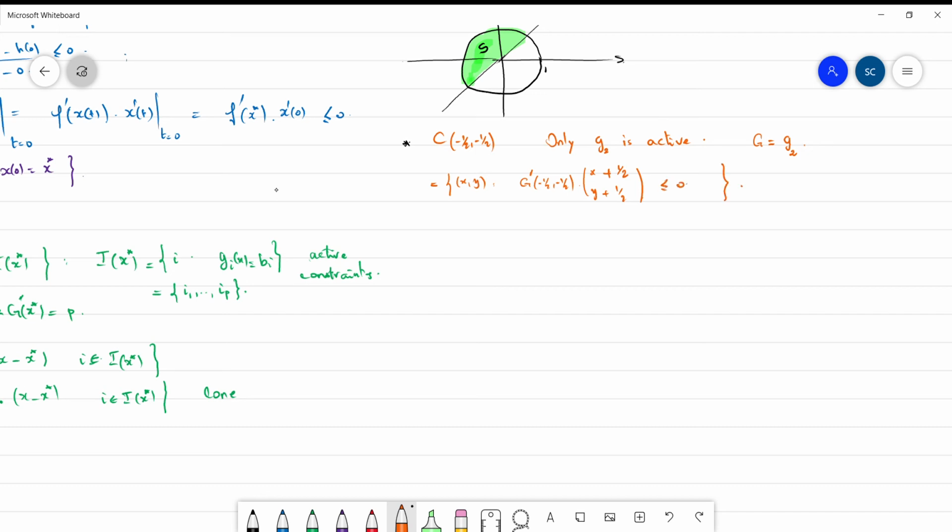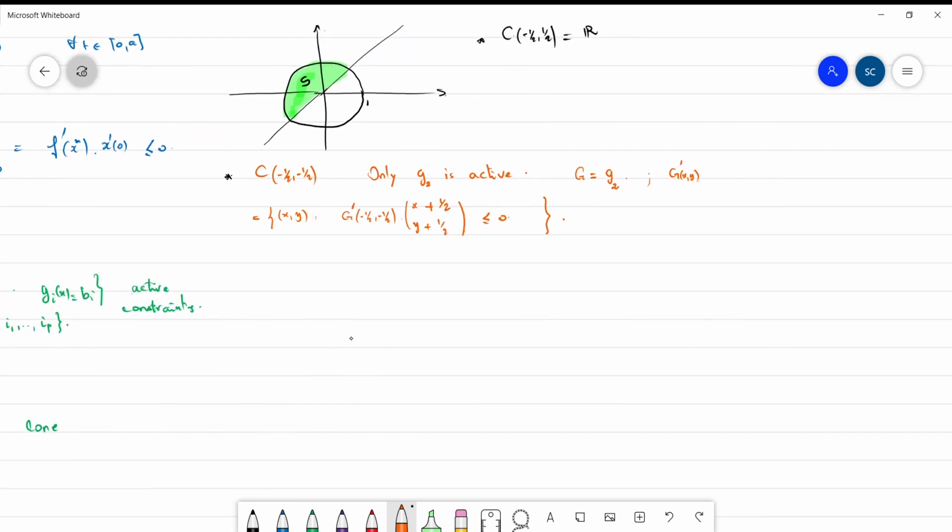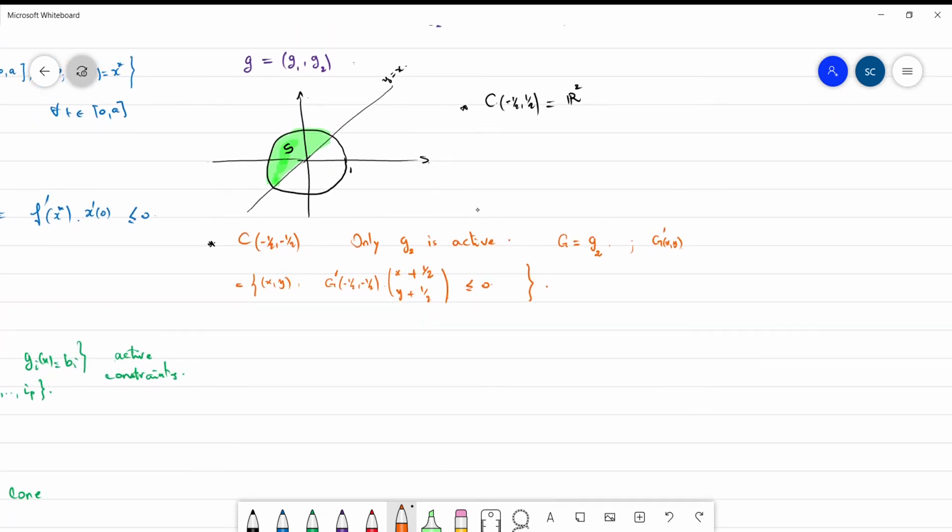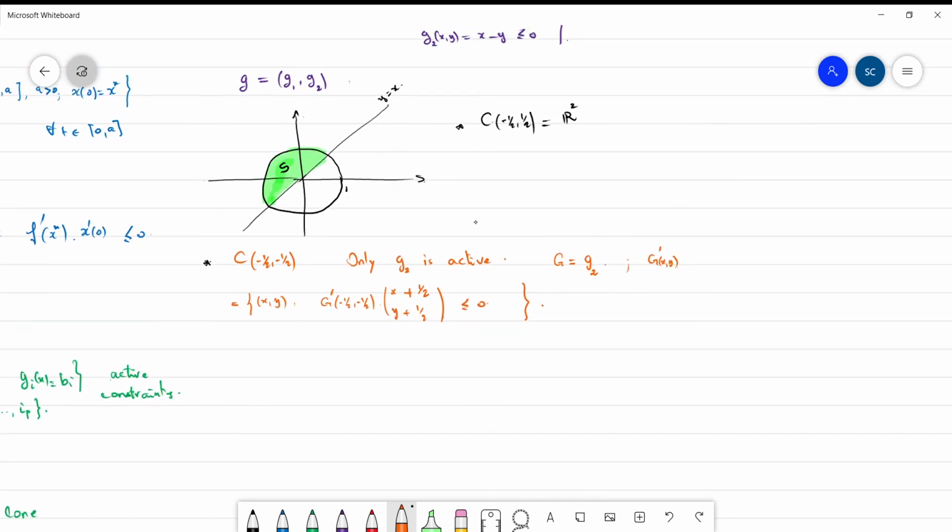So what is G prime here? We know how to compute the derivative of the function of two variables, G2. G2, we said, is x minus y.